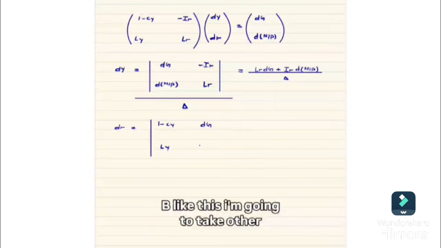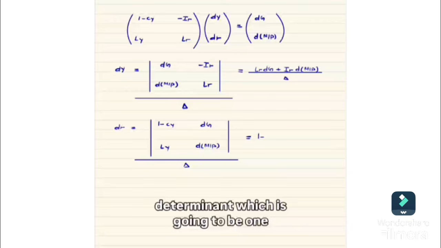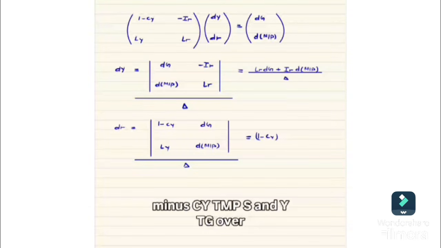Now I'm going to take the determinant, which is going to be 1 minus cy dMP minus ly dG over the determinant of the matrix.